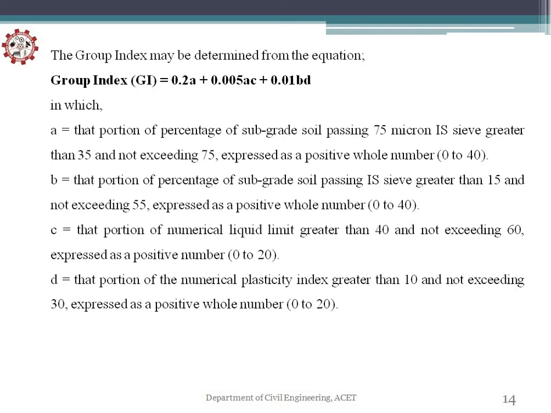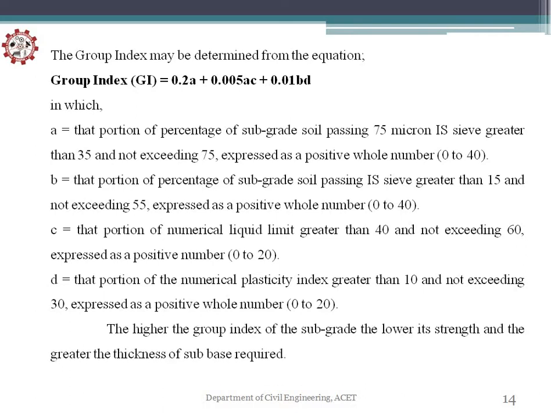So C is with respect to liquid limit and it should not exceed 20, and D is with respect to plasticity index and it should not also be greater than 20. So C liquid limit is 40 to 60 and D plasticity index minimum limit is 10 and it should not exceed 30. So for group index, greater the value, lower will be the strength, and greater will be the thickness required for the subgrade.